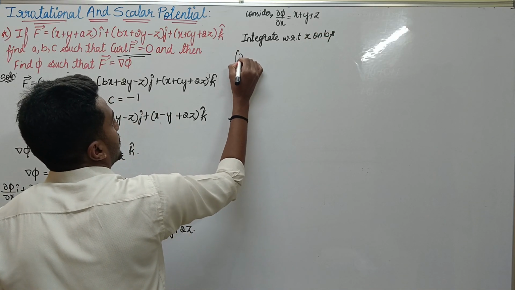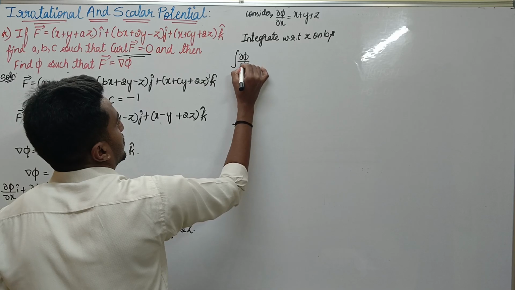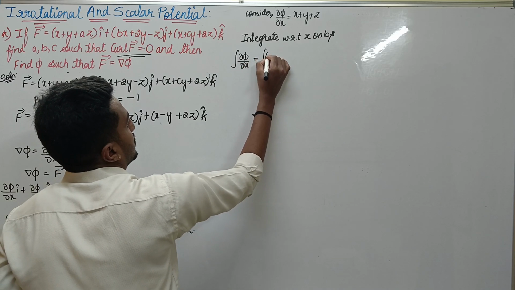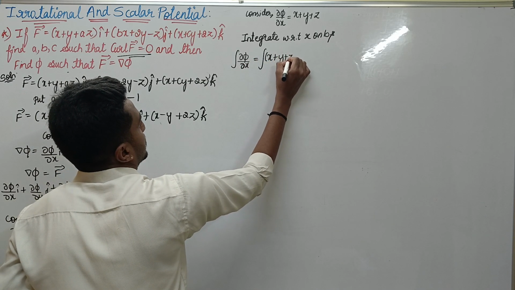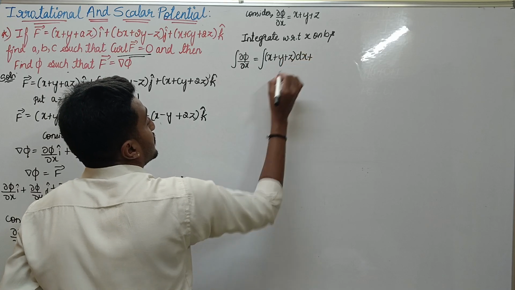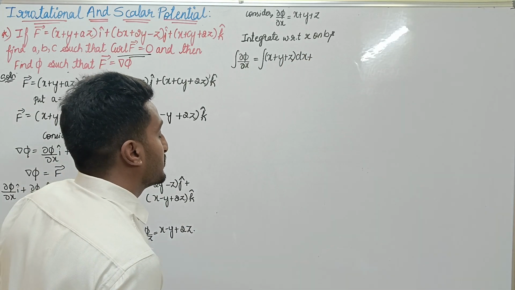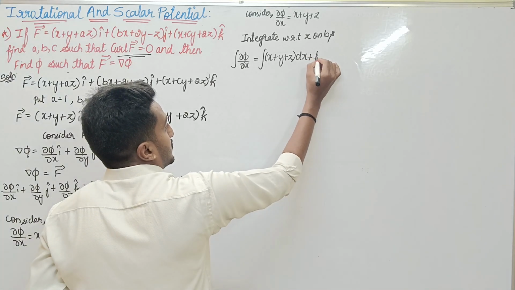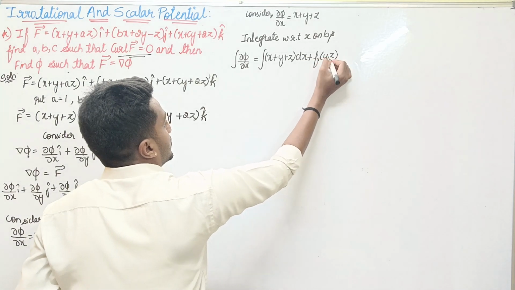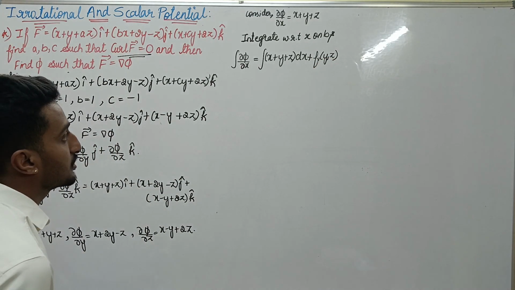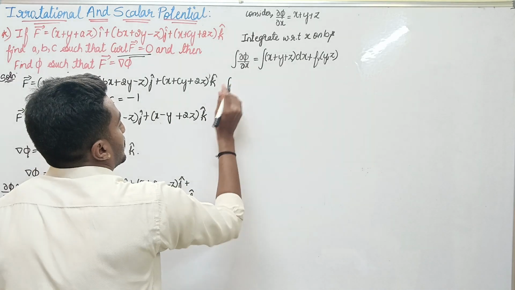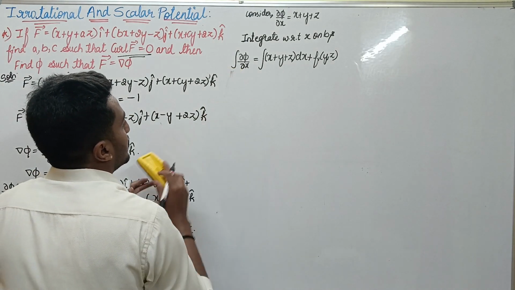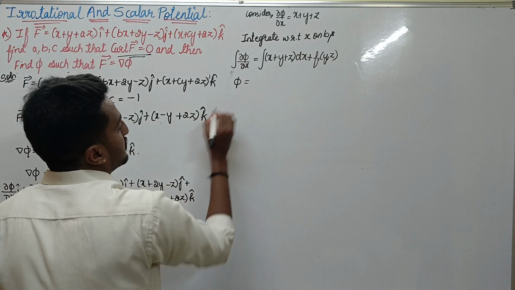Integral of dou phi by dou x is equal to integral of (x plus y plus z) dx. Since I am integrating with respect to x, the function f1 of y comma z, the two variables y and z, remain constant. Integration and differentiation get cancelled, you get only the scalar function phi.